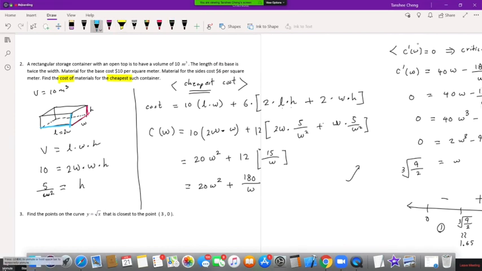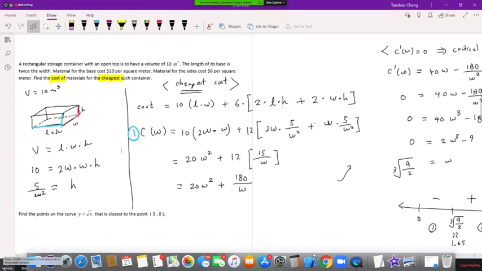So, like in the previous example, the important part is writing the function correctly, right? Then using the given information to manipulate and put it into one variable. The second step is to talk about the maximum and minimum.